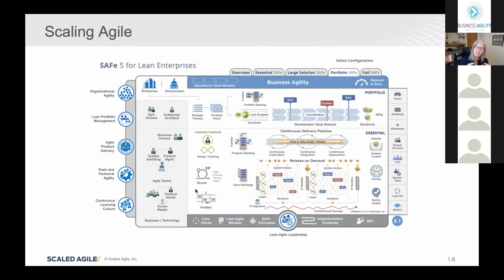And then the scaling framework takes a look and says, how do we stitch those teams together in order to increase the value of Agile in the organization? And how do we create, at the portfolio level even, lean budgeting, ways to lean out the operations for the entire portfolio? Lastly, you'll see that the Scaled Agile Framework starts to talk about business agility.